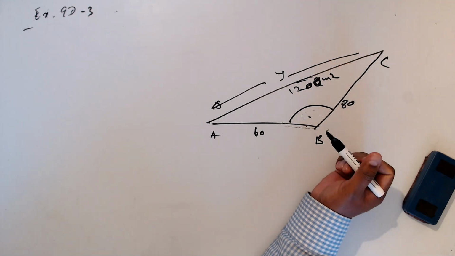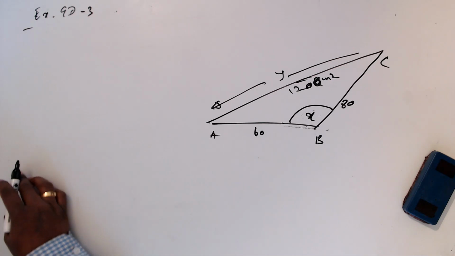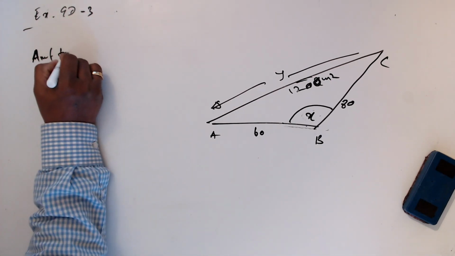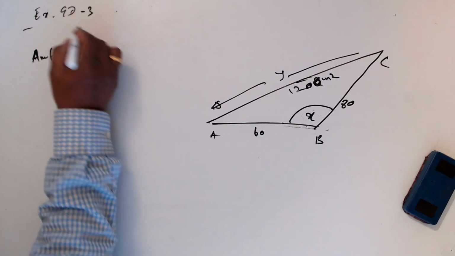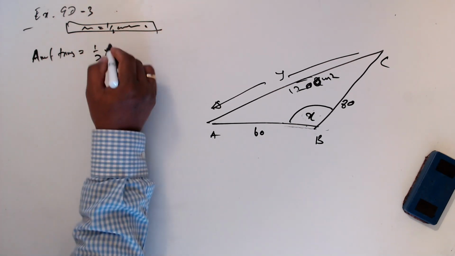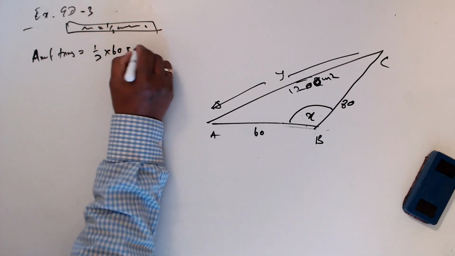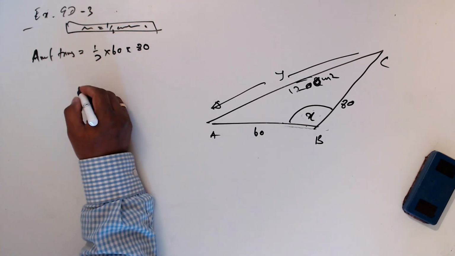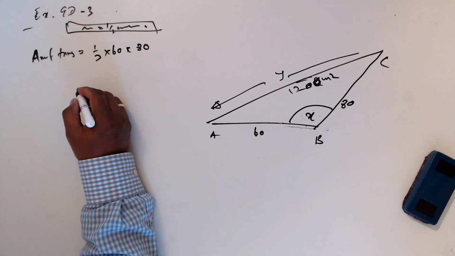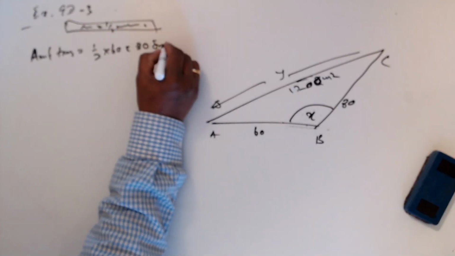So if I take this angle as x, then the area of triangle is half a b sine C. Then this is going to be half times 60 times 80 times sine x.